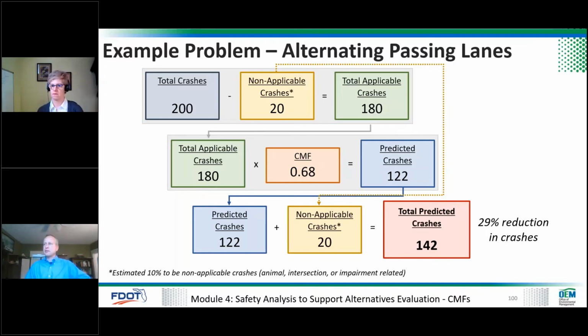Beth, anything to add to that? No, I'm looking at some of the questions, and one of them is interesting. If a confidence interval produces a range of preventable crashes, why not always use the conservative end instead of the average?